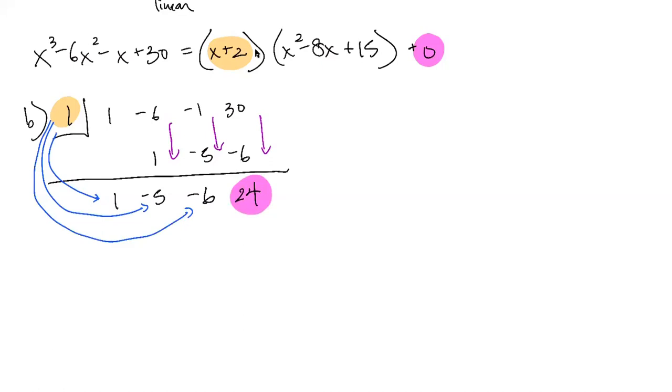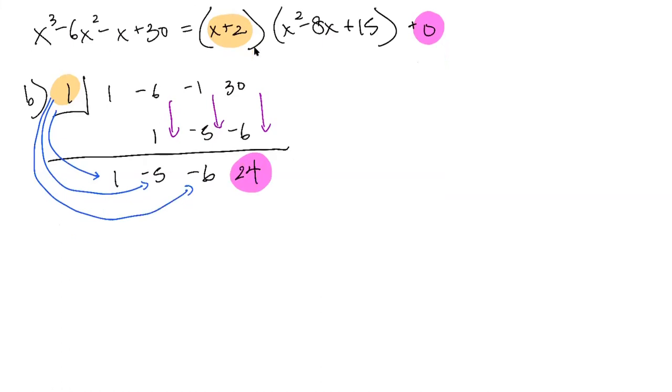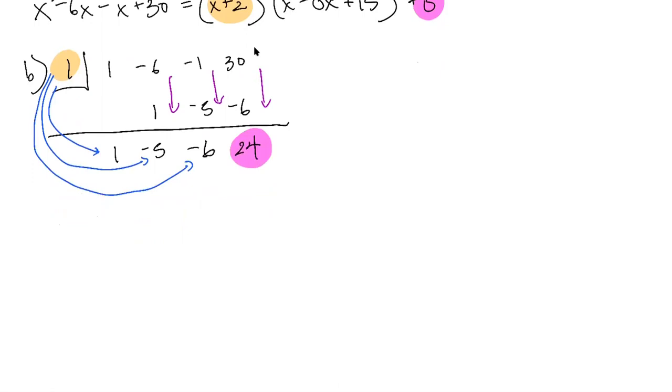So how does our interpretation of this change from part A? Like, what do our results in part B tell us? It is not a factor. Okay, good. All right. So when we get to the end, that last number is our remainder. Okay, that part does not change. It's still a remainder.